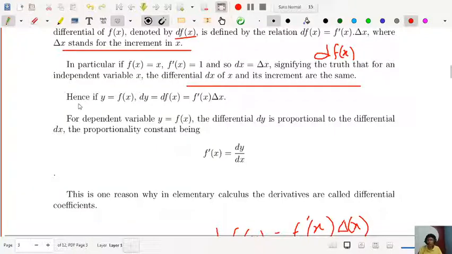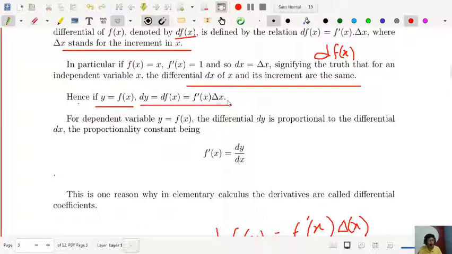So if y is a function of x, what do we write? y is a dependent variable, that is dependent on x. x is an independent variable, right? So you should write dy equal to df(x), f dash x delta x. Okay, clear? We already discussed this.